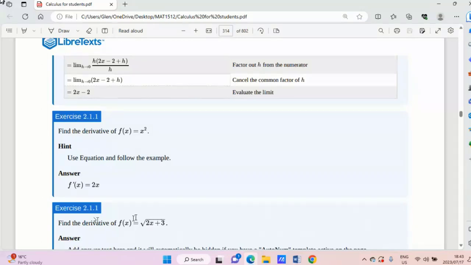Then I tried to rationalize. I tried to remove the root by multiplying with the square root of 2 into x plus h plus 3 plus the square root of 2x plus 3. That's what I multiplied with what I already have.